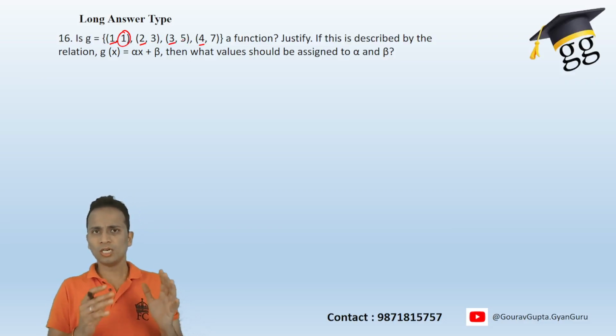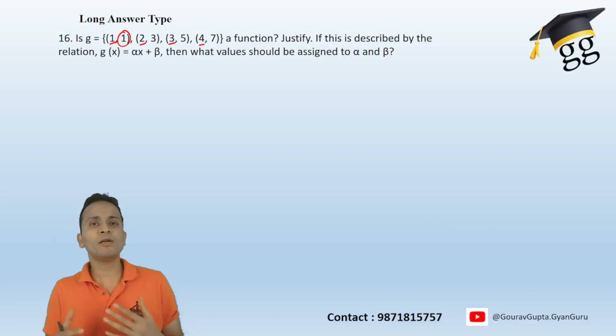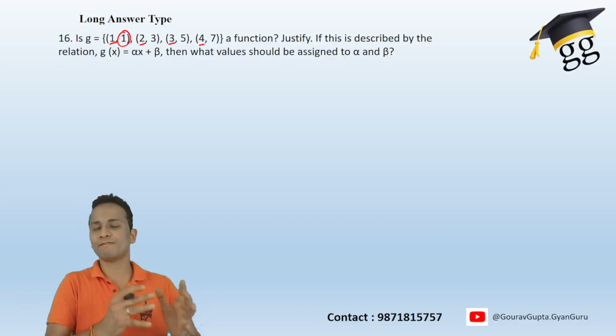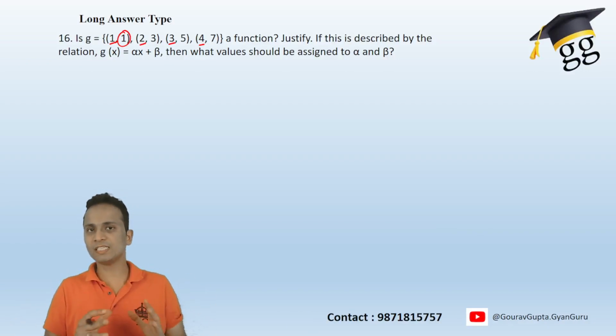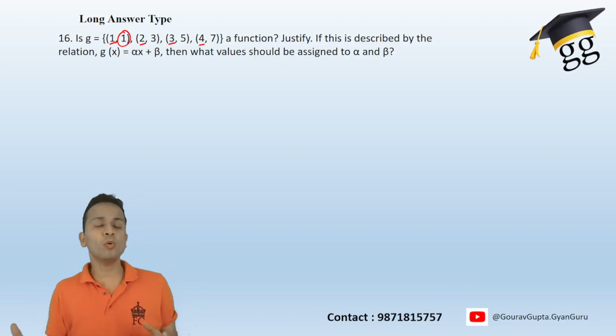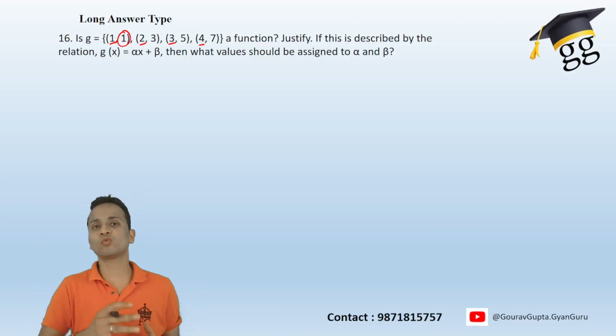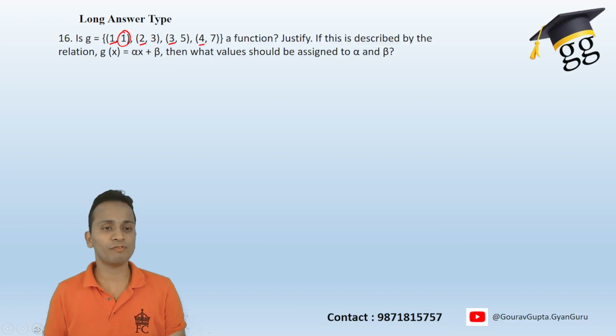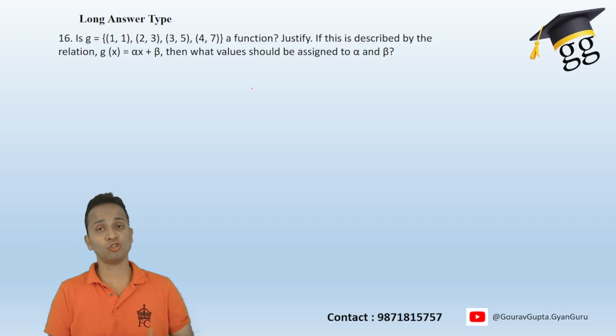So the first part of the ordered pairs is different. There is no value of x for which we have two images, no value of x which will give two different values of y. So yes, this is a function.